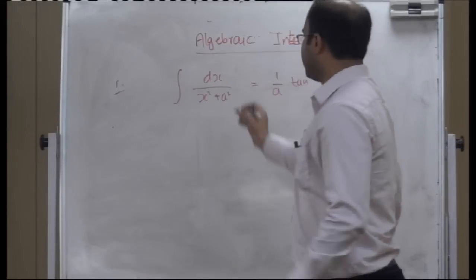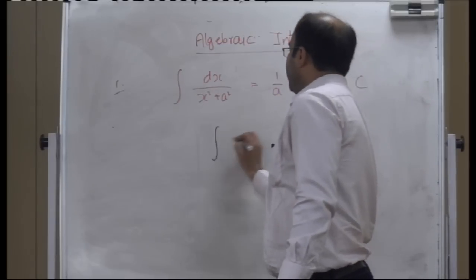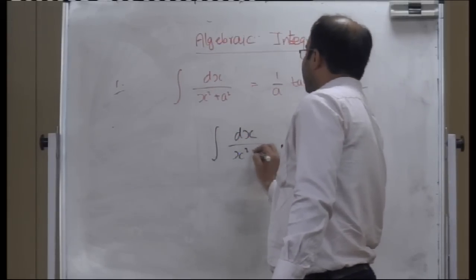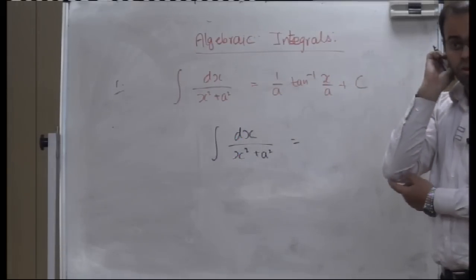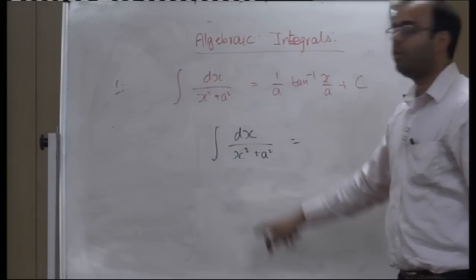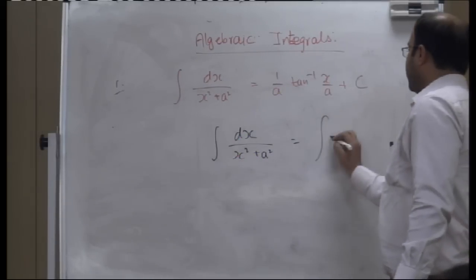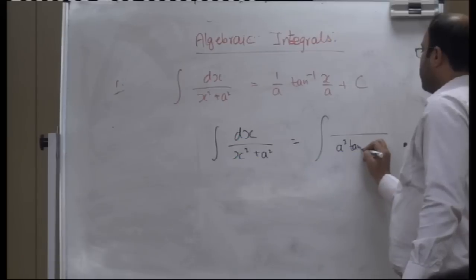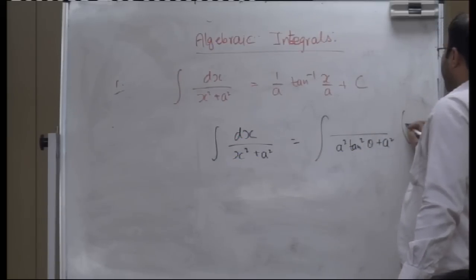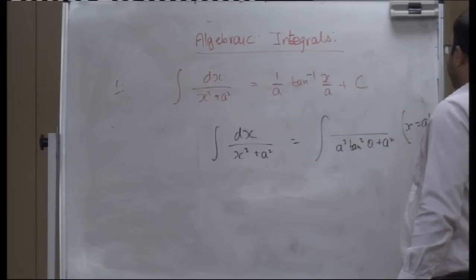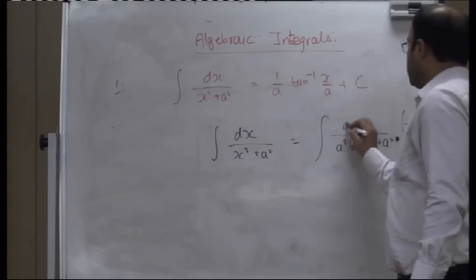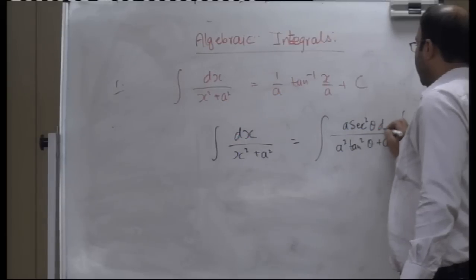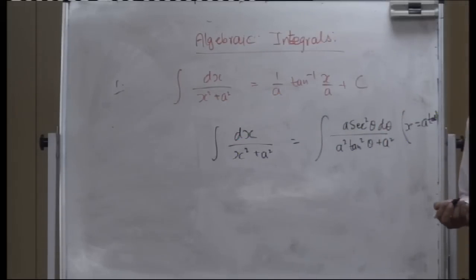When you approach this formula, you will do like this: dx upon x square plus a square. I already told you this is a standard substitution, where you write x equal to a tan theta. So this will become a square tan square theta plus a square. When you differentiate, dx gives a into sec square theta d theta. I hope it is okay with everyone. If anyone is having a problem, they can ask the question.